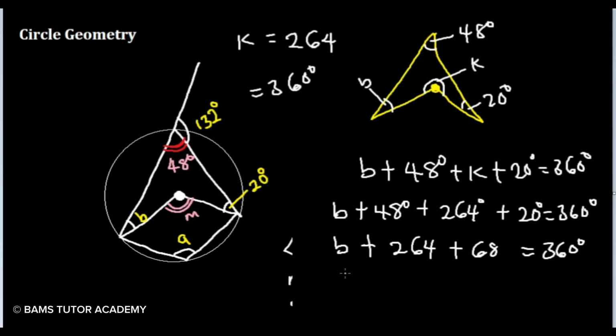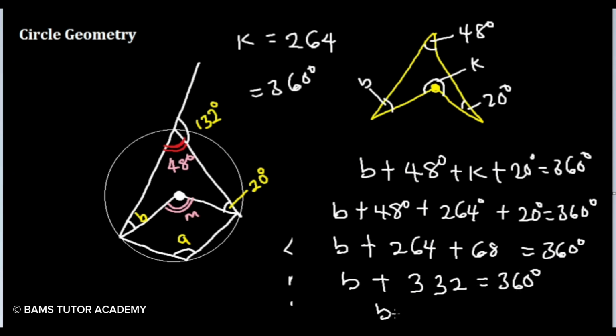Do you understand? So 264 plus 68 is 332, equals 360.